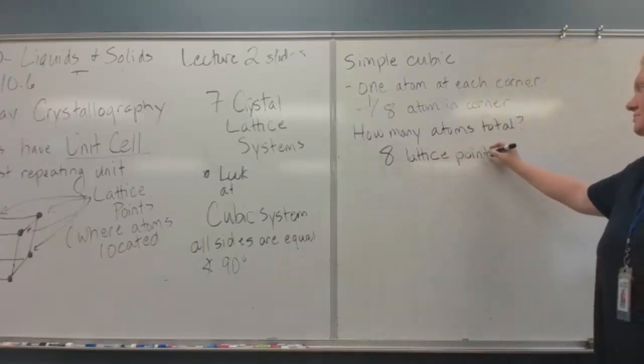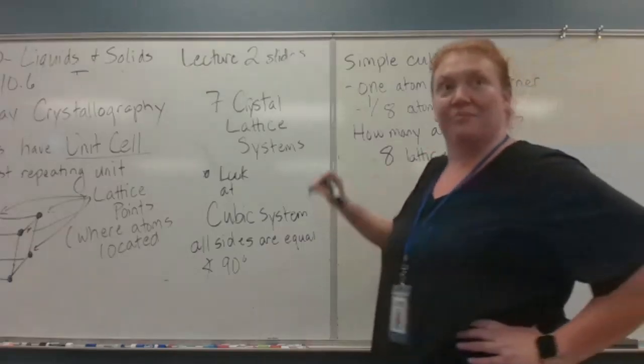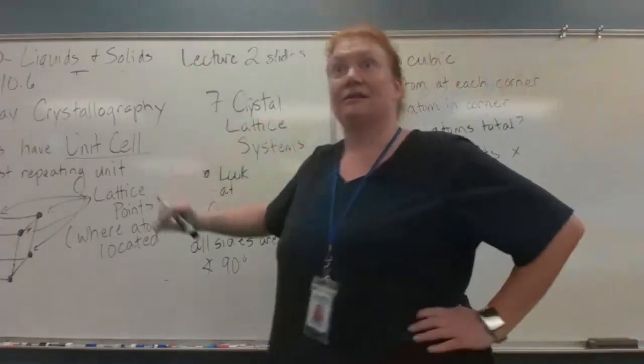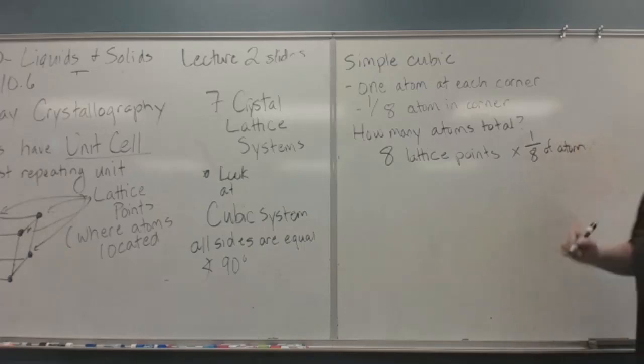Because this atom is in the corner, there's 1/8 of an atom at each lattice point. One atom total is represented by the unit cell.